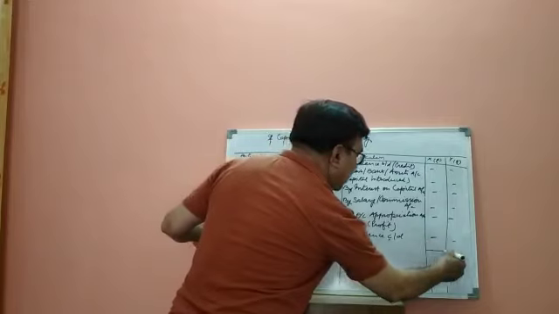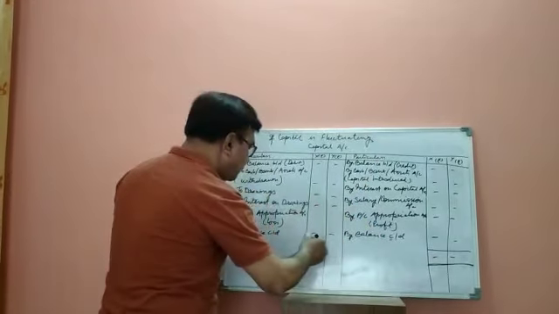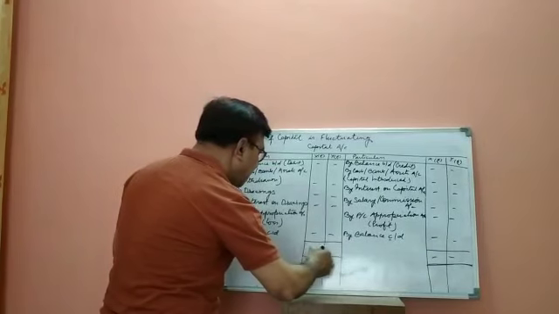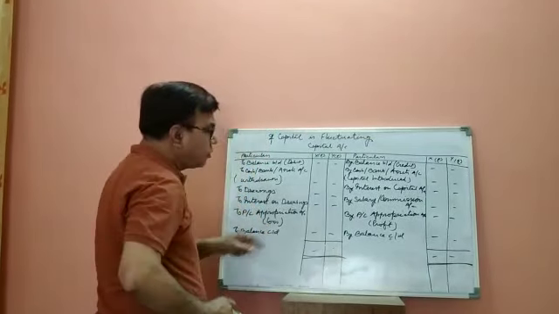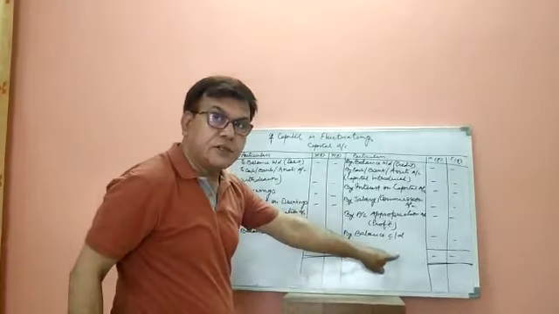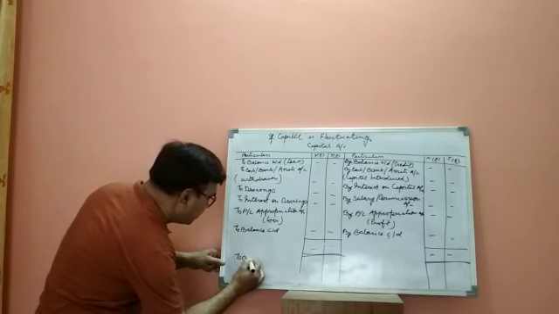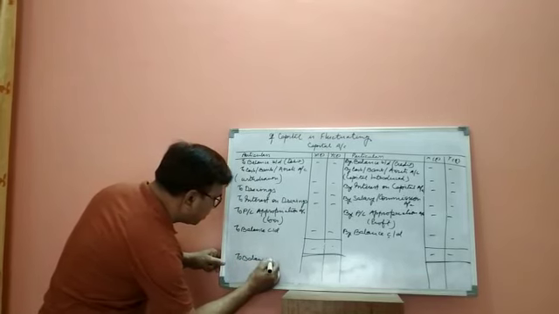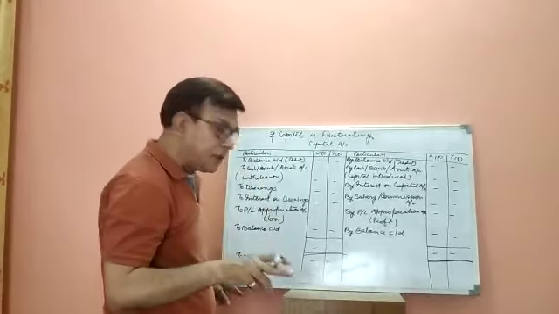And this totaling is done. For those whose balance has come this side, we'll write to balance brought down. This is debit balance.